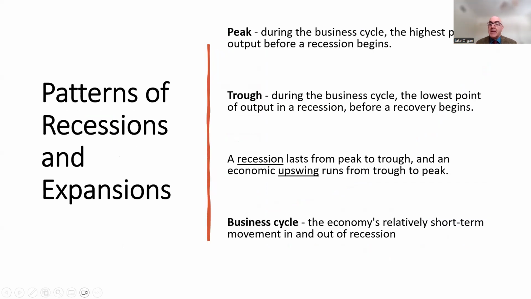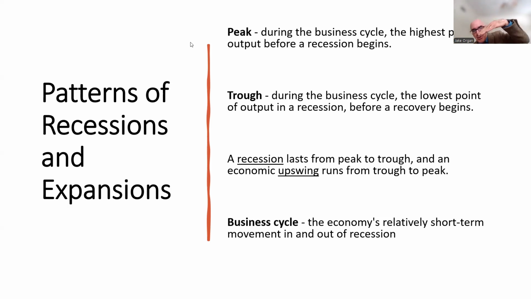So basically, the business cycle is this means by which the capitalist system seems to rise and then seems to fall, seems to rise and then seems to fall, and we'll look at the reasons for that. During the business cycle, the highest point of output before a recession begins is a peak, and then it starts to go down. And the lowest point of output in a recession, the trough, is where it gets to the bottom of that negative business cycle.